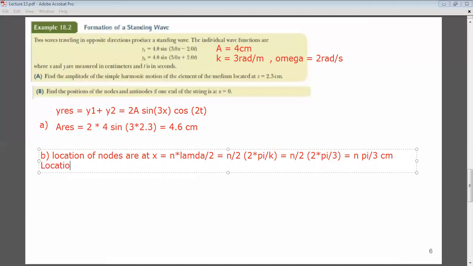Location of antinodes are at x equal 2n plus 1 lambda over 2. Again, I will put instead of lambda 2 pi over k.